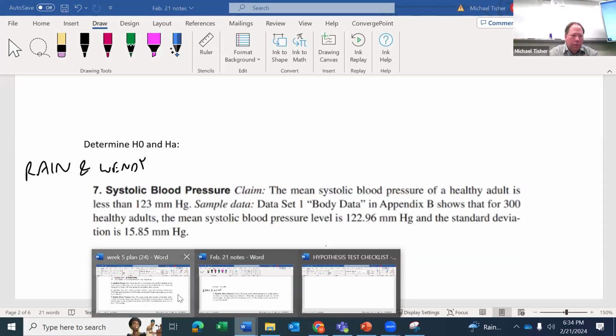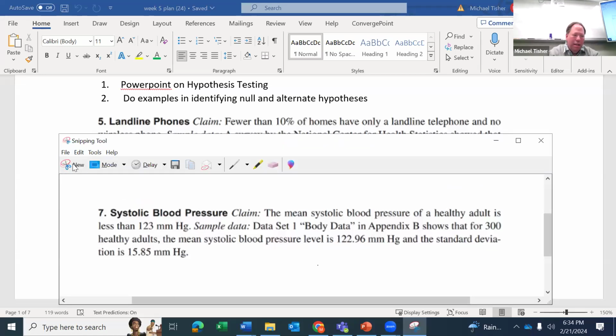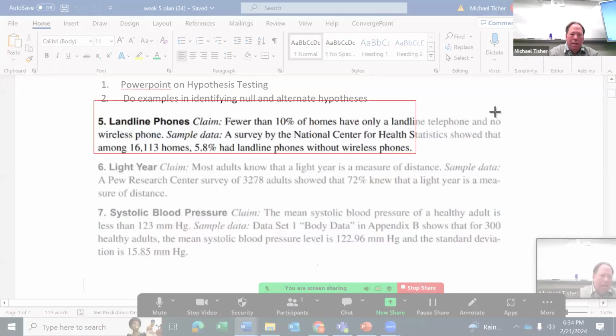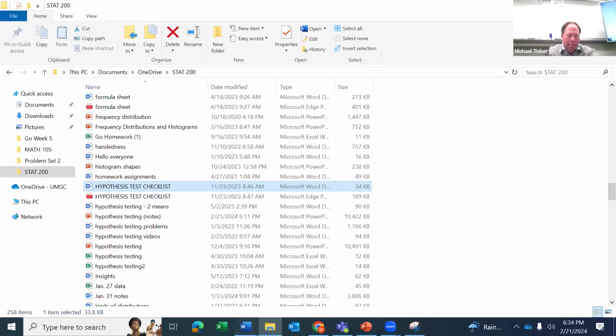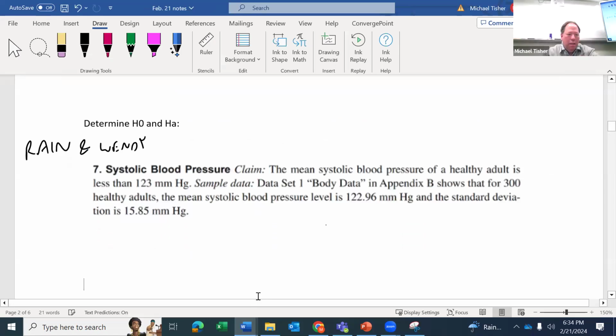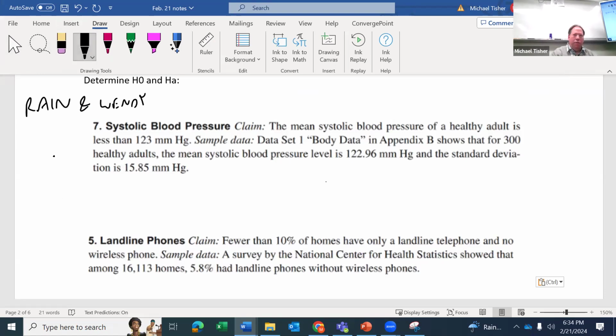We're just figuring out the H0 and HA, yes. Okay, landline phones fewer than 10% is the claim. We'll give that to Kiana and Angel.